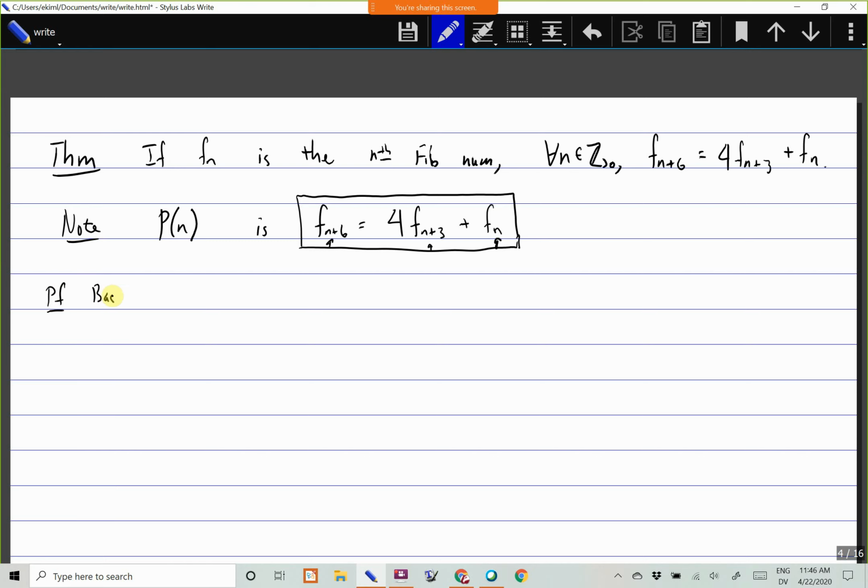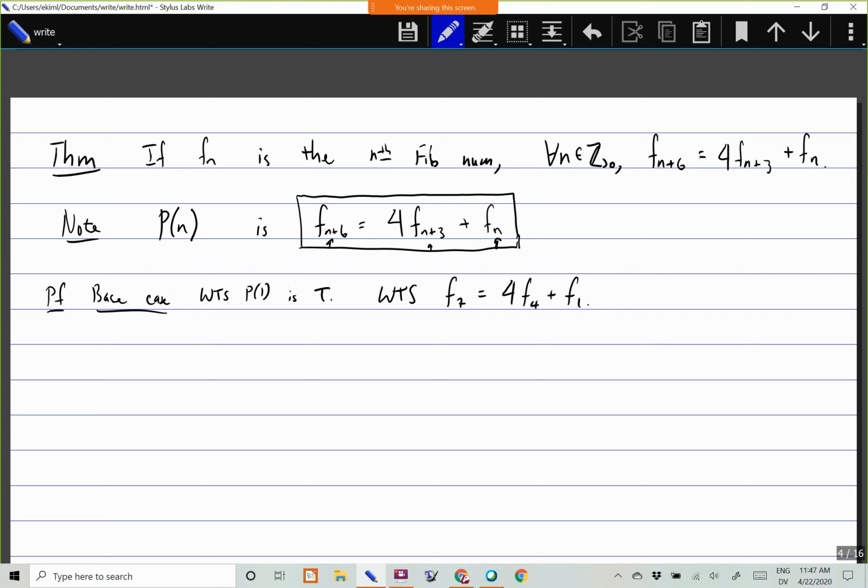First of all, the base case. The base case just needs to be proved outright, so we want to show P of 1 is true. This requires working out some details. Plugging in 1 for all the n's, we want to show f sub 7 equals 4 times f sub 4 plus f sub 1.